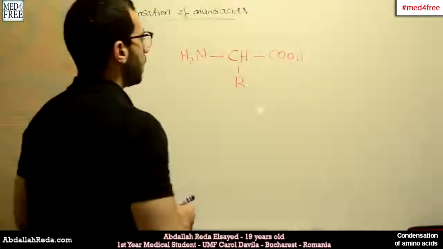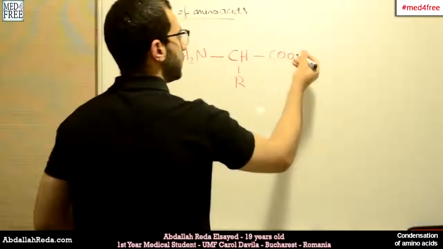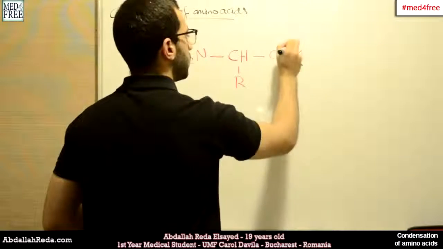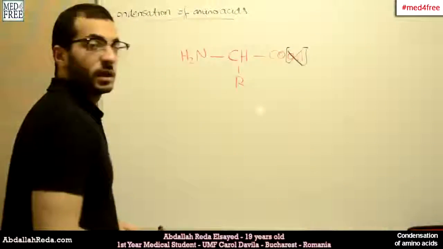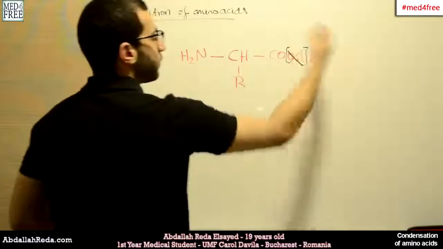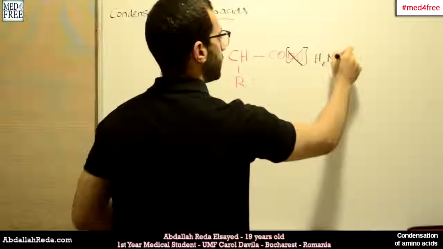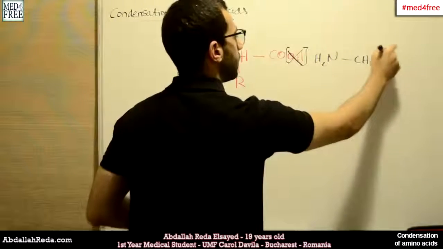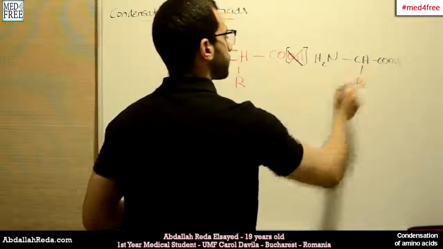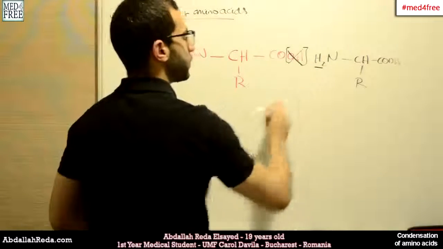we will remove the hydroxyl group off the carboxylic group, and for the next amino acid having the same structure as this one, like this, we will remove a hydrogen from here.